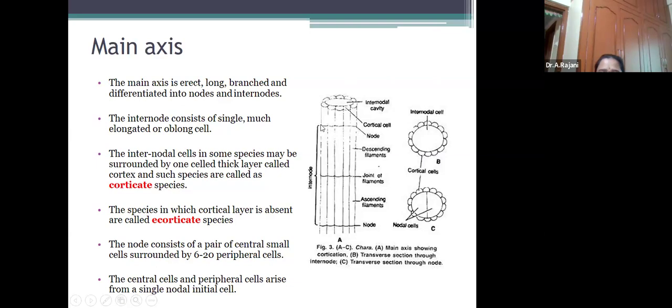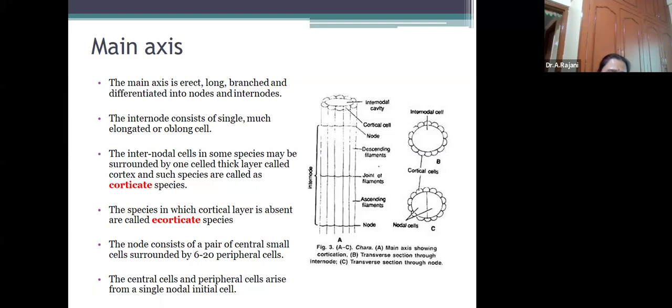This is the node part, where my arrow is. This long part is called the internode. That's why small nodes and long internodes are present, both nodes and internodes.